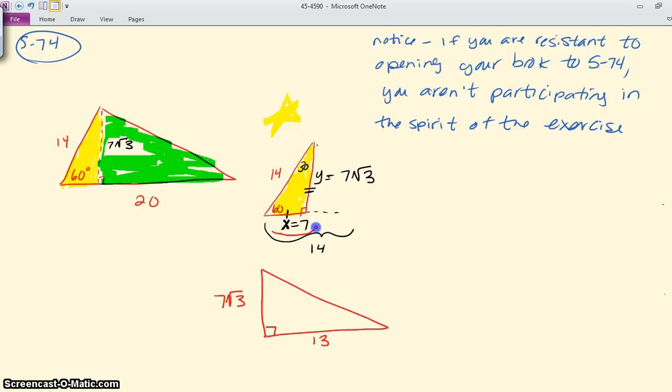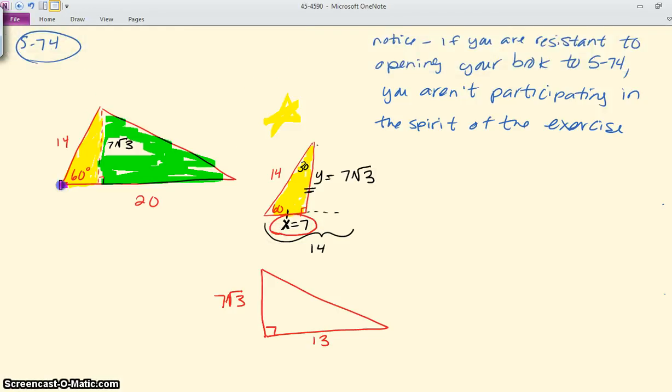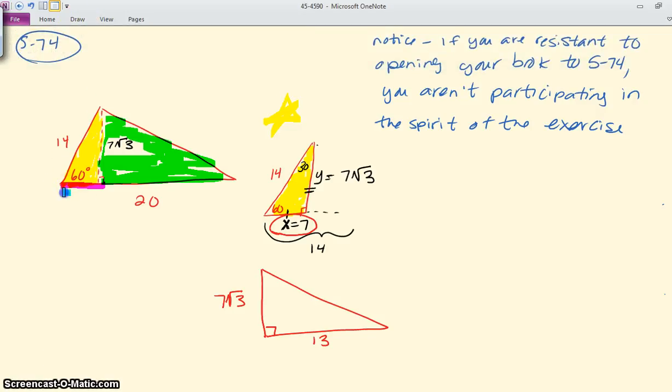And we know that this piece of this triangle has a value of 7, but the long piece has a value of 20. So this distance that's left has a value of 13, because 20 minus 7 equals 13.